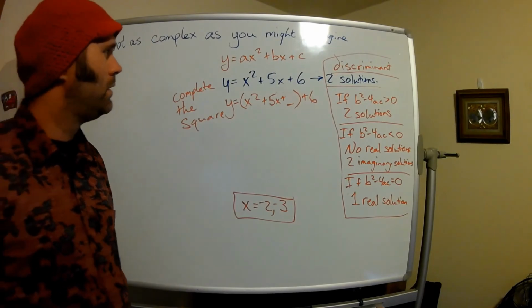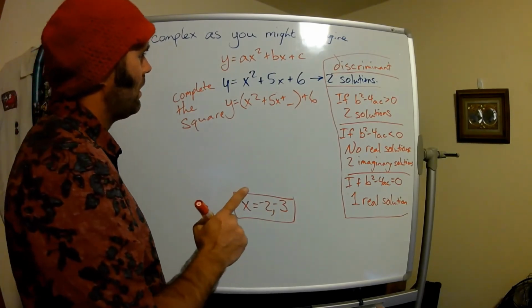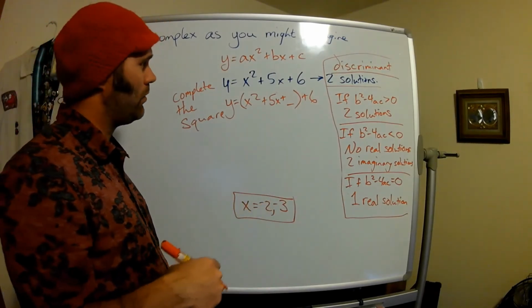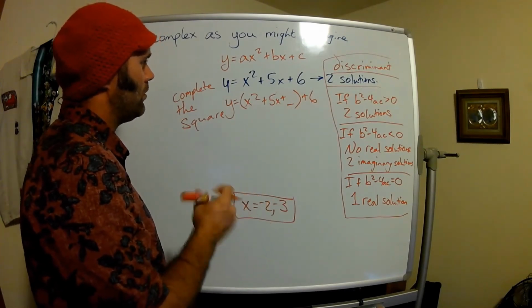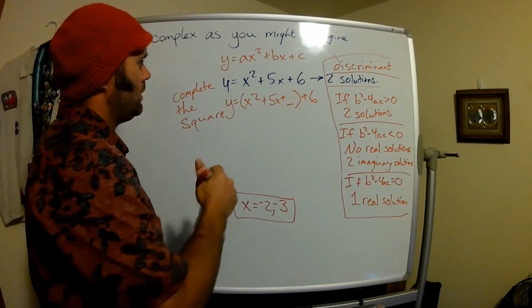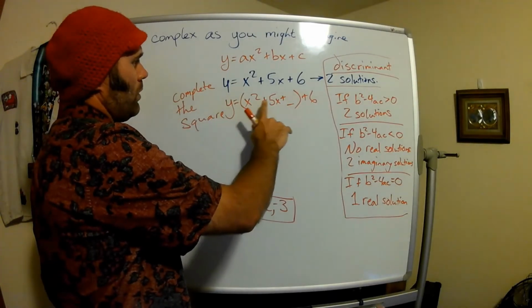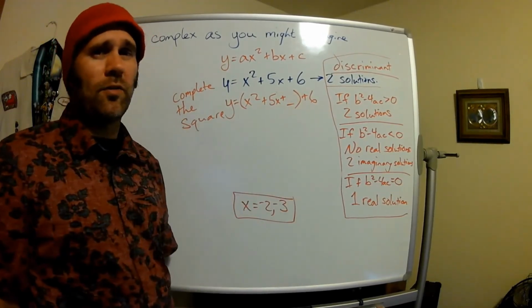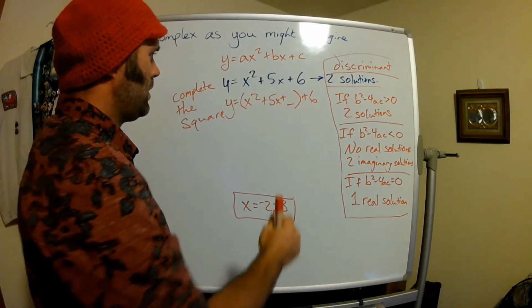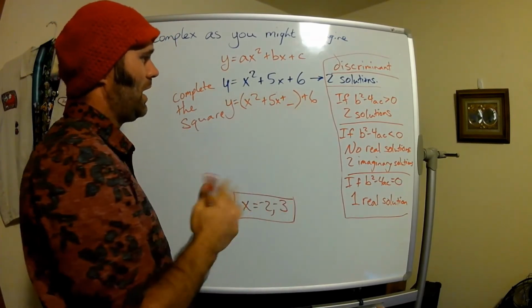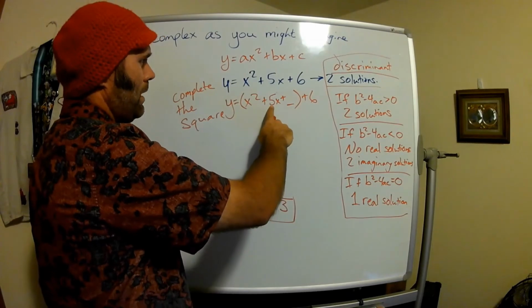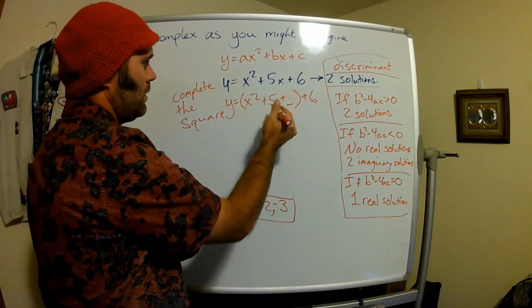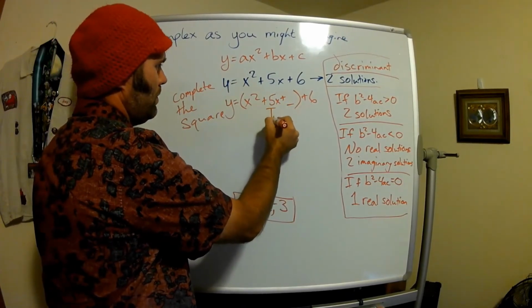Remember, this is completing the square. So we've got x squared plus 5x plus something, and then plus 6 outside of the parentheses. We're allowed to do this because we're just adding the 6 at the end anyway. So what number is b?